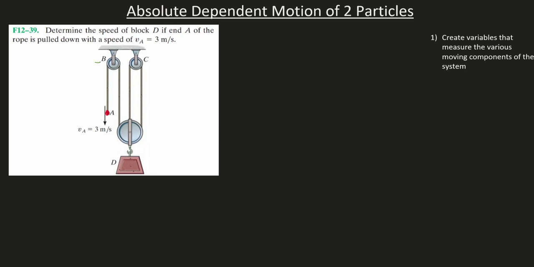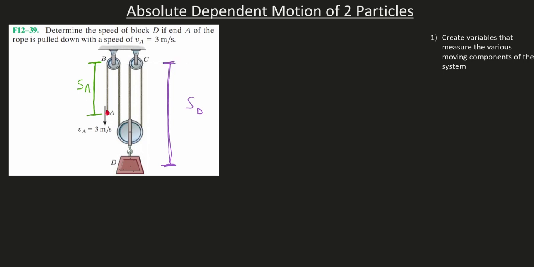Okay, so I'll make one variable that measures out the position to point A, where I hold the rope, and I'll call this position variable A. And I'll make another position variable that measures out to the position of my block in question, and I'll call that position variable D. And you may be wondering, wait a second, it seems like you're measuring the positions from this starting line here.